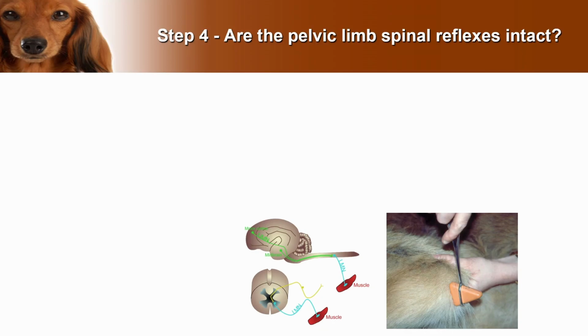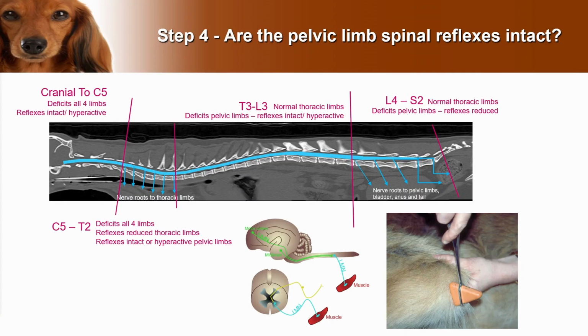The most important pelvic limb spinal reflexes are the flexor withdrawal reflex, that is to say, when you pinch the toe does the limb withdraw, and the patellar reflex, both of which are easy reflexes to do. And the bit that people tend to worry about is how you use this to localize to an area within the spinal cord.